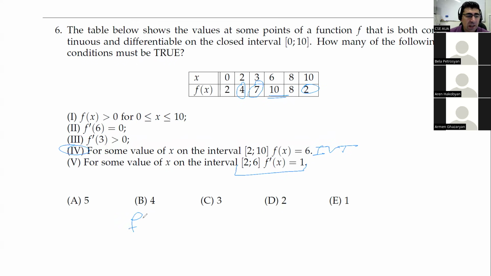It says f prime at x is (f(b) minus f(a)) divided by (b minus a). Now, please find a and b such that (f(b) minus f(a)) over (b minus a) is 1. If we can find a and b in the 2 to 6 interval, then we are done.